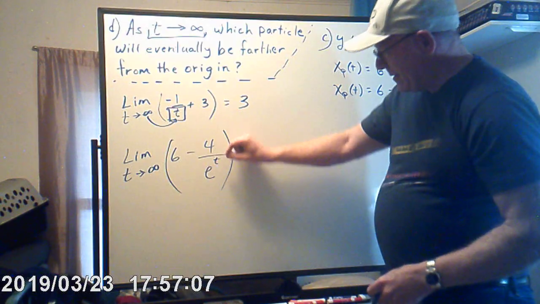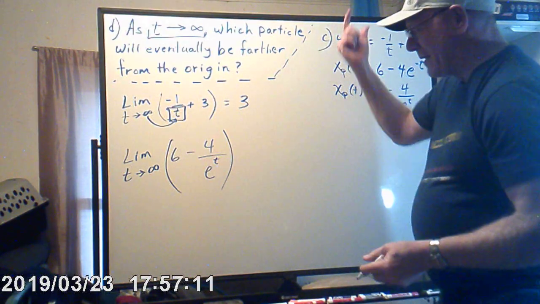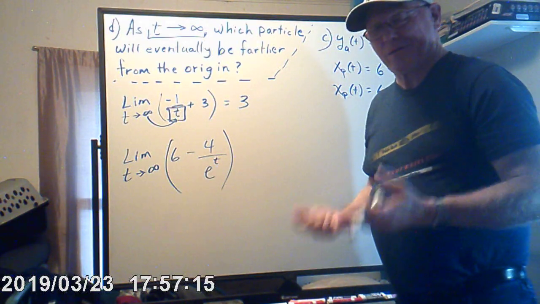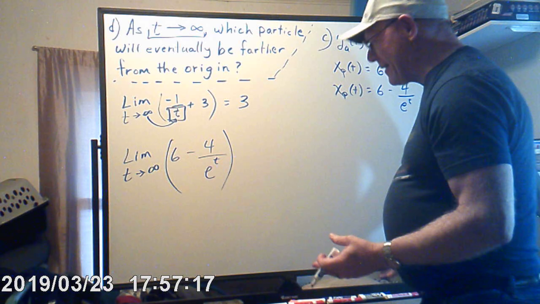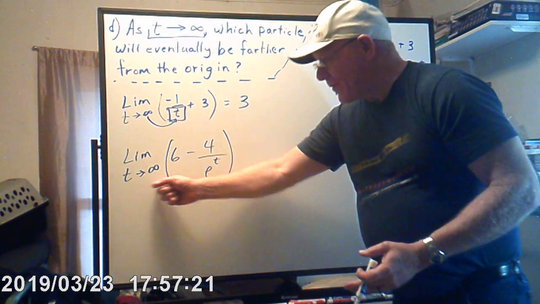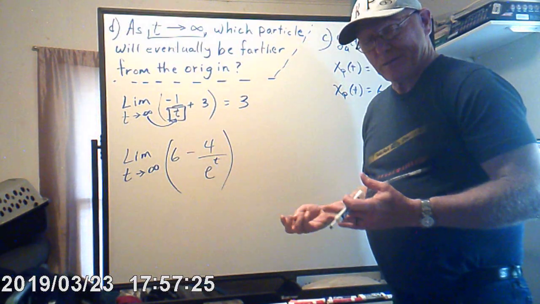Now, this t is going to get bigger and bigger and bigger. E to any number is going to get extremely large, but in the denominator, what's it going to finally run into? As t gets bigger, then e to the t is going to approach 0 here, right?